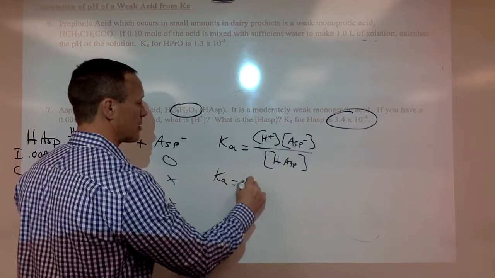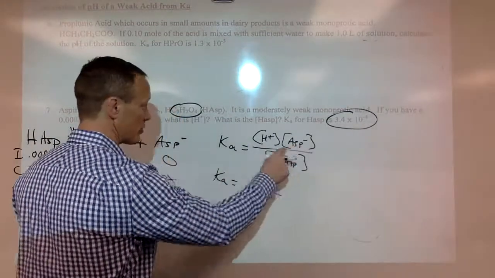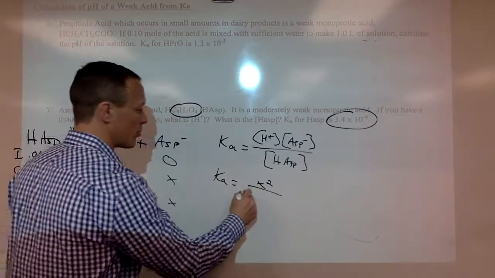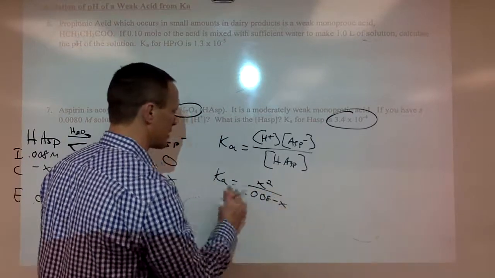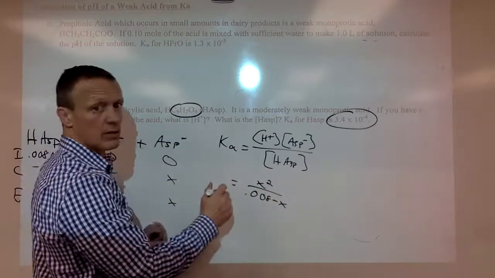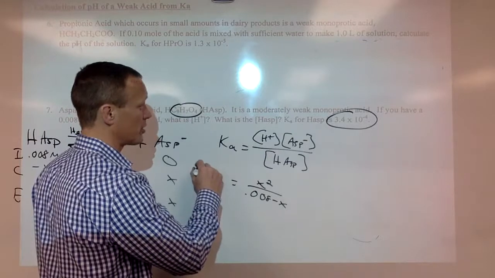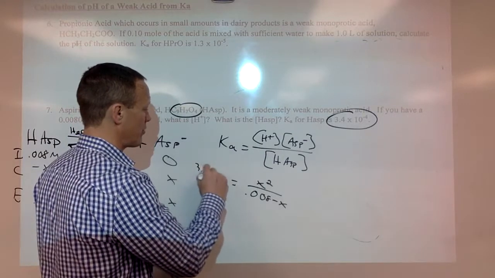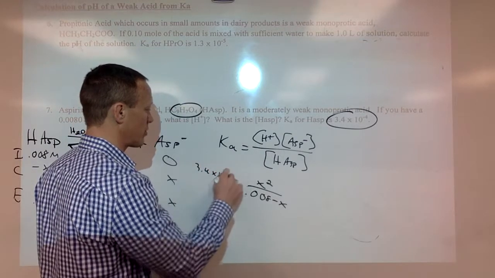Same thing. We're going to have X squared, which would be those two, both X's, over 0.008 minus X. And we can plug in our K value, which is 3.4 times 10 to the negative 4.